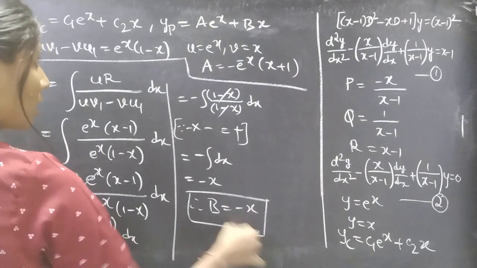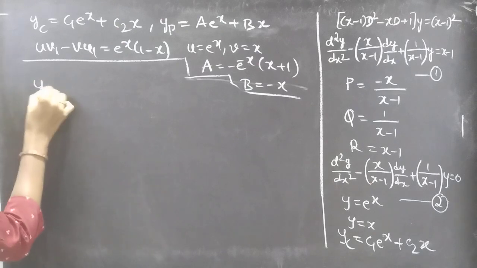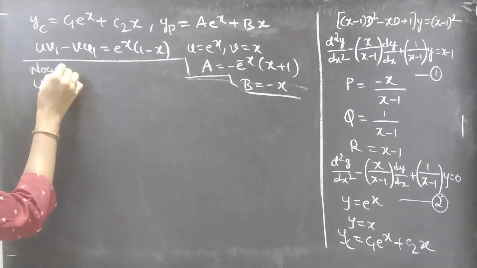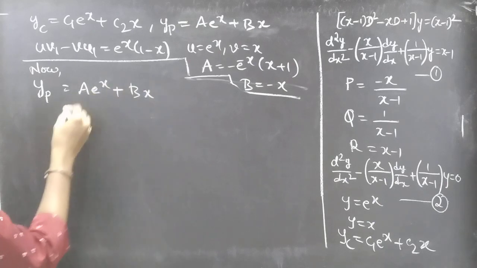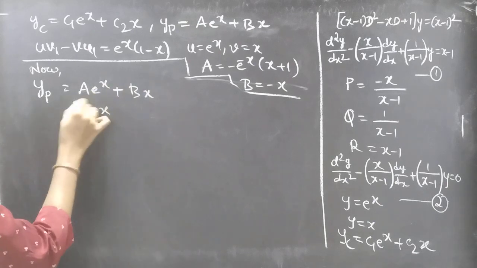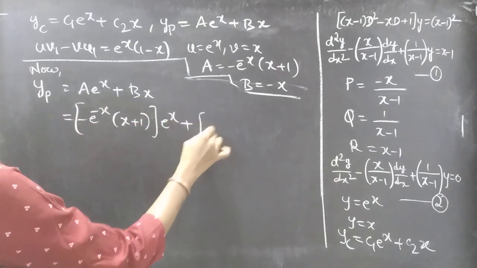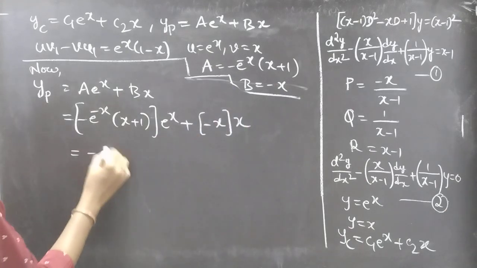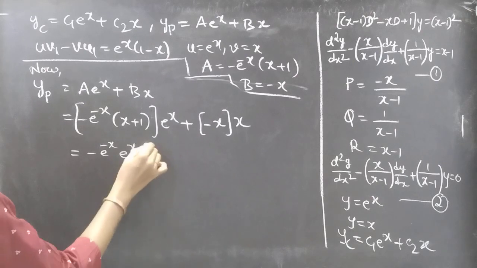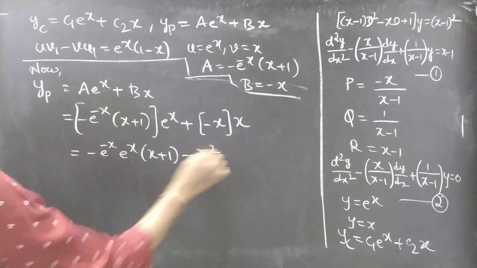See, we got A and B. Let's now write yp. yp equals A e power x plus B x, right? Where A is minus e power minus x into x plus 1, into e power x, plus B, which is minus x, into x, which equals minus e power minus x into e power x into x plus 1 plus minus x into x square.